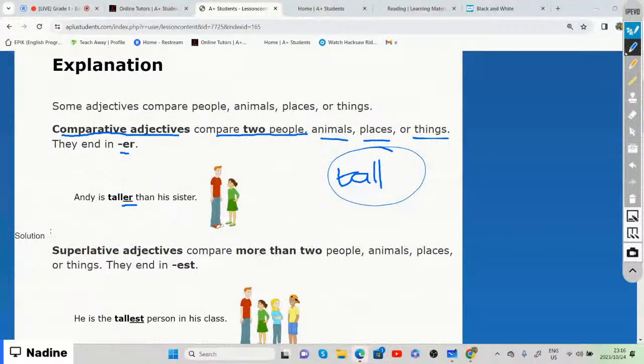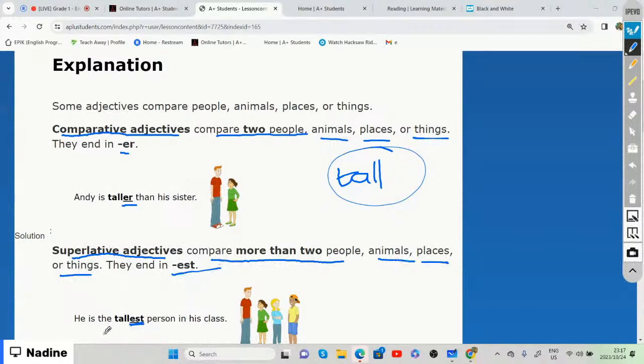And if we compare to the rest of his class, then that is a superlative adjective, right? Where we compare more than two people, animals, places, or things, and it ends in est, then we can say Andy is the tallest person in class.